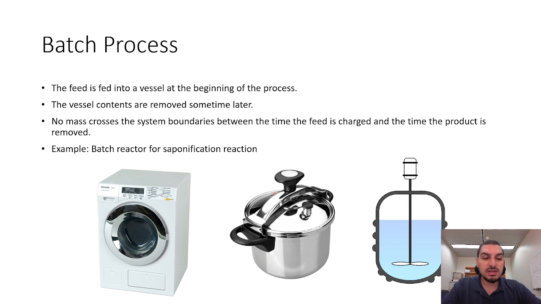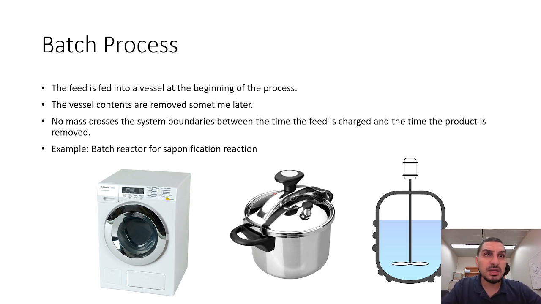So the batch reactor is a reactor where you put all the ingredients or all the reactants inside. You let the reaction take place, you mix them, you adjust the conditions until the reaction is fully completed. And once the reaction stops, you open the reactor and take the products out of the reactor.